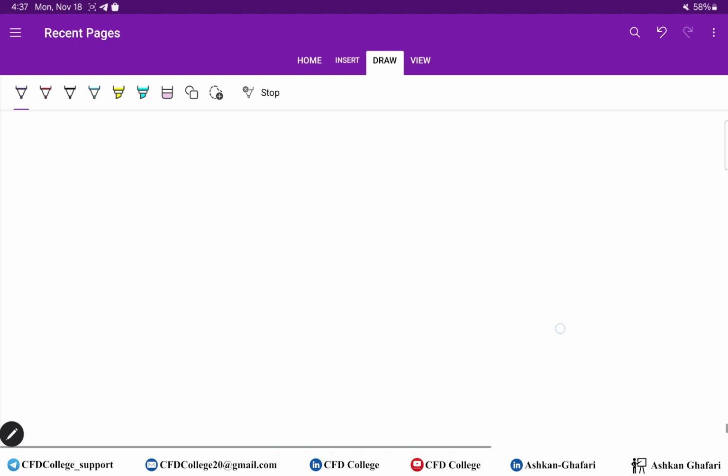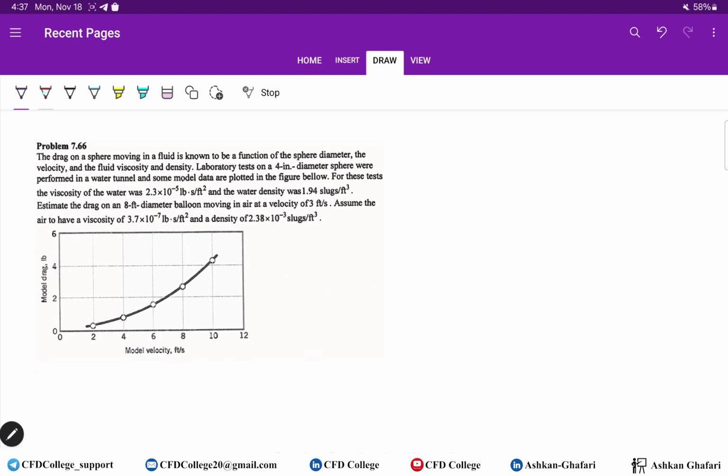Okay, now let's solve the last problem, problem number 66. The drag on a sphere moving in a fluid is known to be a function of... So the drag force D or FD, both are okay.